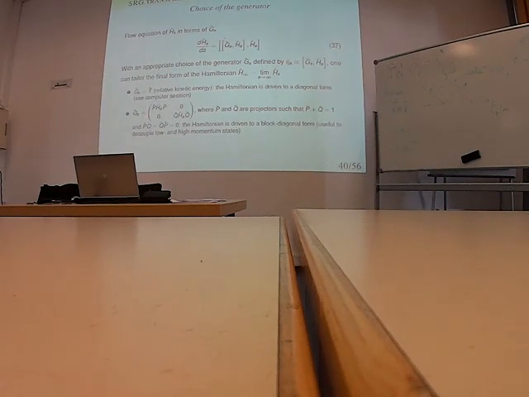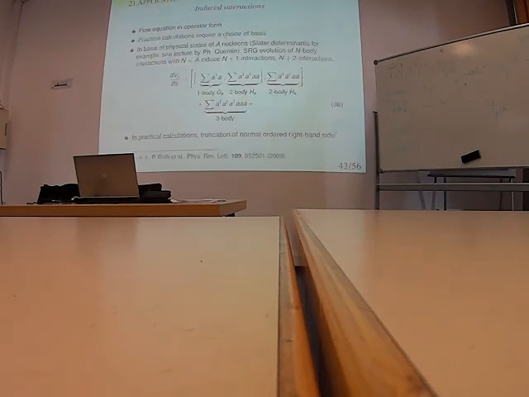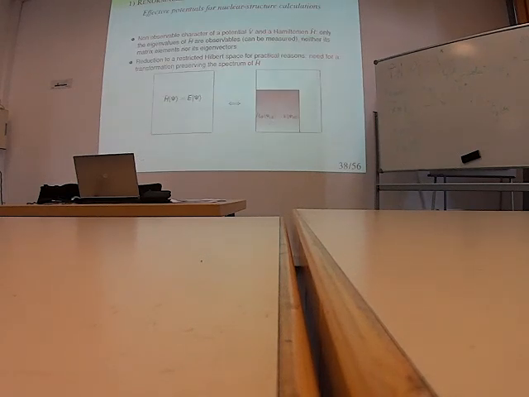You can make other choices. This one, for example, looks much more complicated, but actually this choice exactly performs this transformation. You can actually realize this exactly, up to numerical errors, okay? But no physical assumptions.